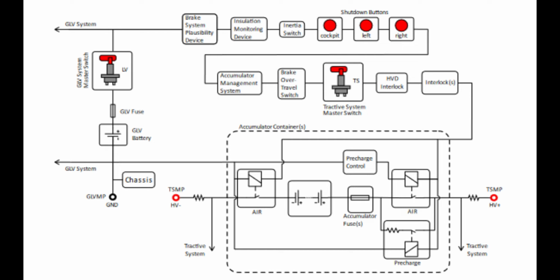These are physical buttons on the car that will physically stop the car when we press in on that button. And what allows that to happen, if we trace out the rest of the shutdown circuit, is that the shutdown circuit goes to powering the relays, or the AIRs, in the accumulator. So we'll be able to turn off the relay power at several points of the car, which is why we call it the shutdown circuit.